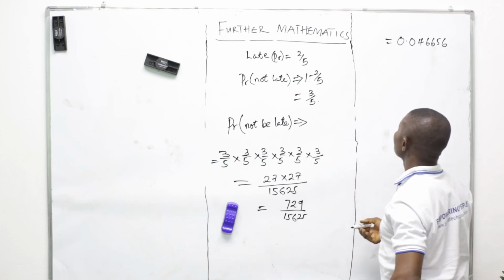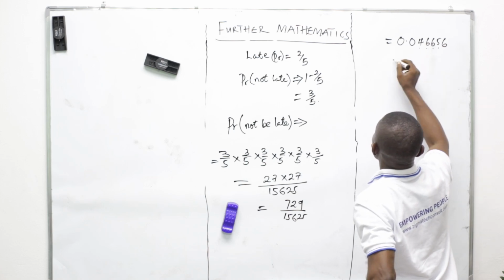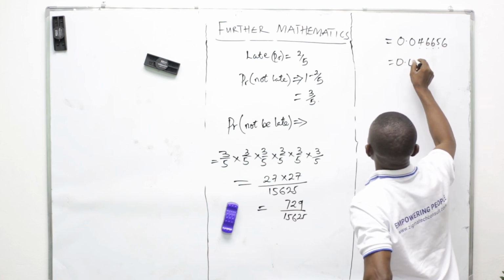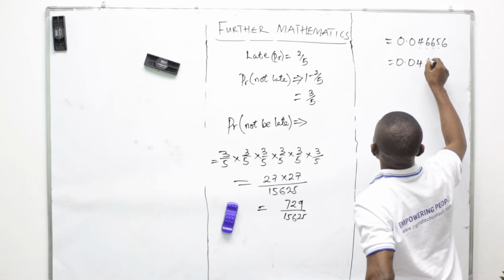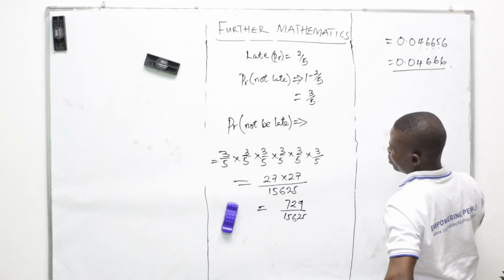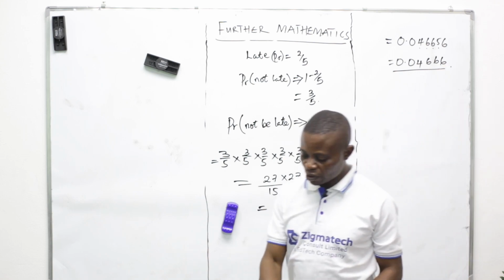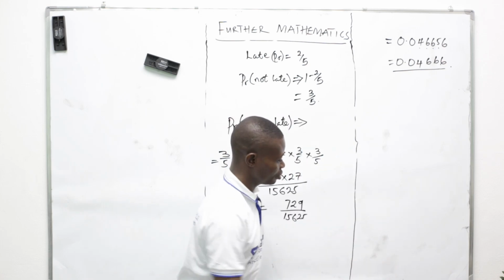To 4 significant figures, 1, 2, 3, 4, meaning 0.04666. This is the answer to this question, correct to 4 significant figures.